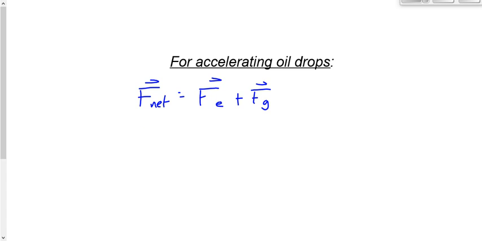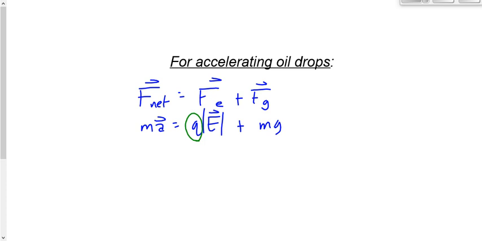Now, in Physics 20, we said the net force is also equal to the mass times the acceleration. Electric force is Q times E, like it was for the suspended oil droplets, and gravity is M times G, like it was for the suspended oil droplets. Now we just sub numbers in and solve for whatever we're looking for. Usually that's going to be Q.